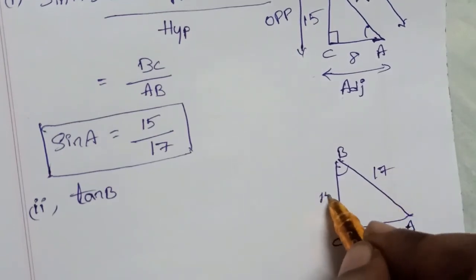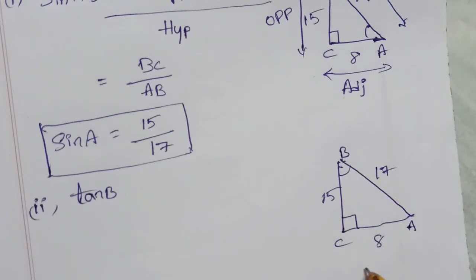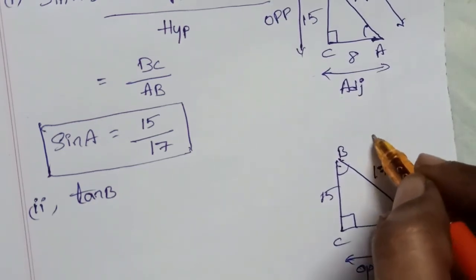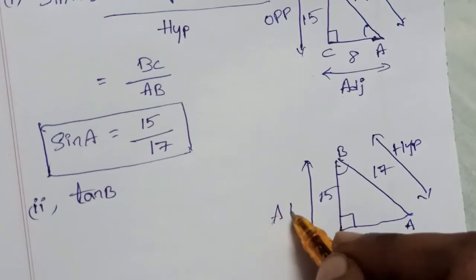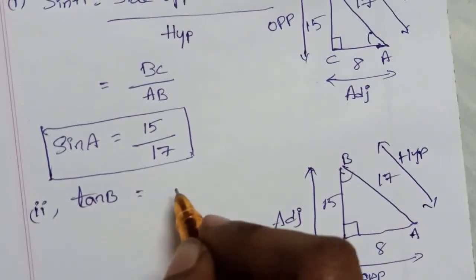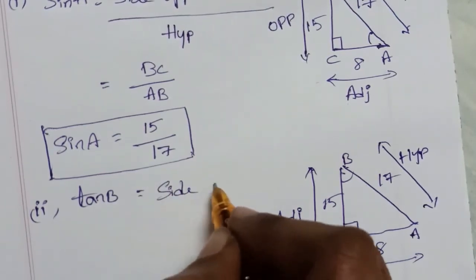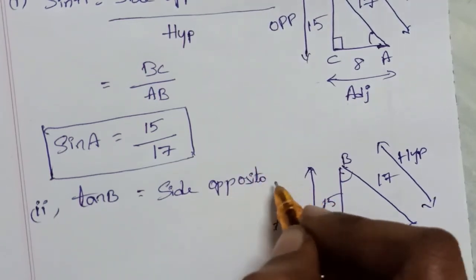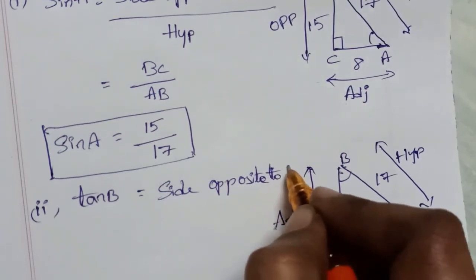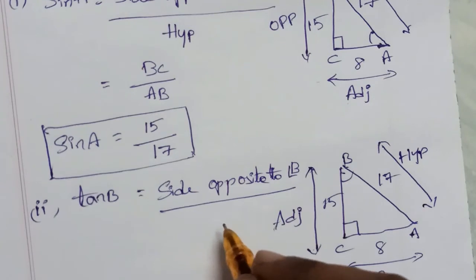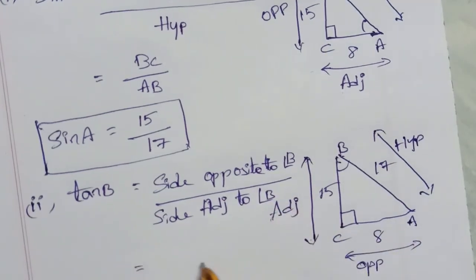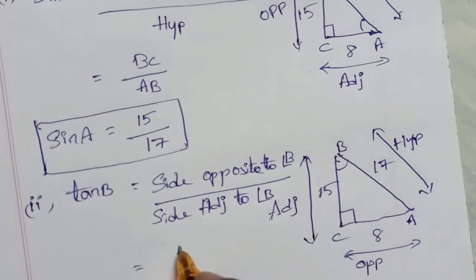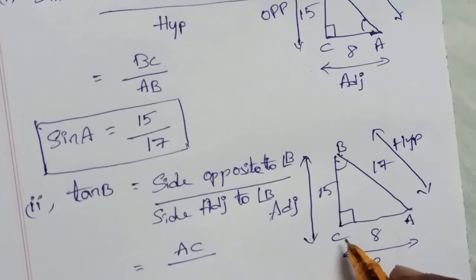This is the opposite side, this is hypotenuse to the right angle, and this is adjacent to the angle B. Tan B is equal to side opposite to angle B by side adjacent to angle B, is equal to side opposite to angle B, AC, by side adjacent to angle B, BC.